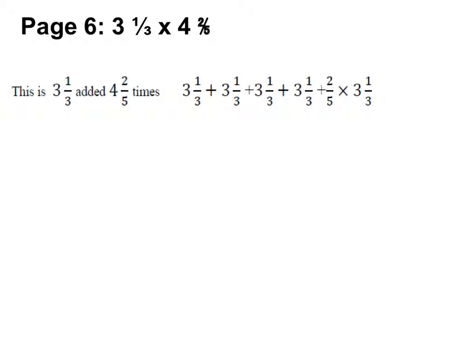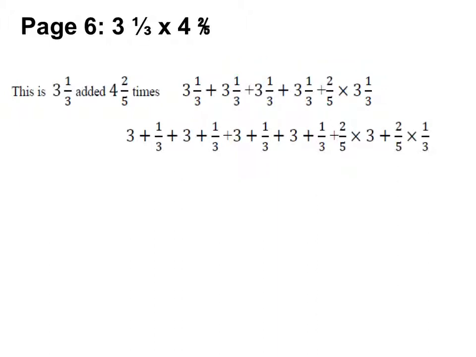That's on page 6. So one way to interpret this multiplication is 3 1/3 added 4 2/5 times. So here's 1, 2, 3, 4, 3 1/3, and then 2/5 of 3 1/3. Then I'm going to break that apart.